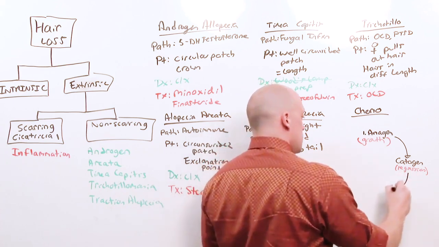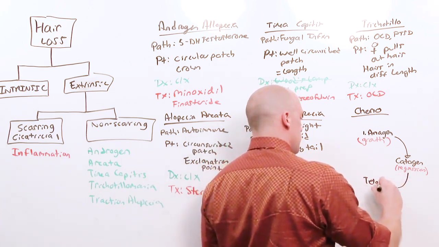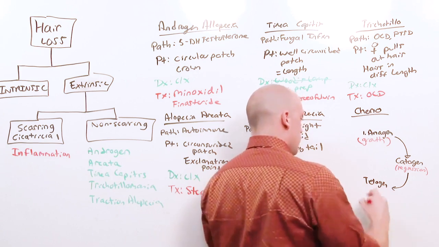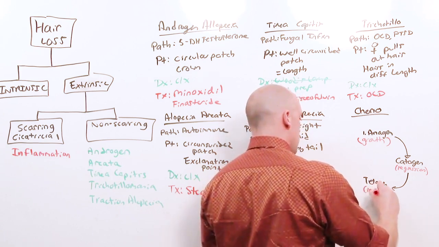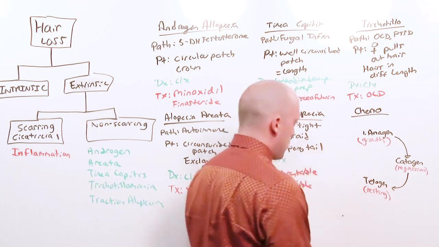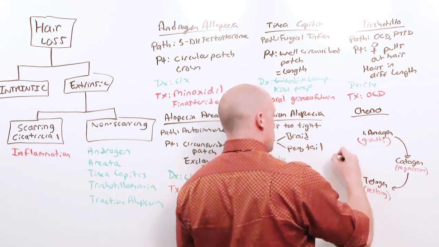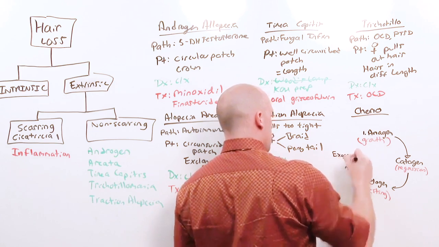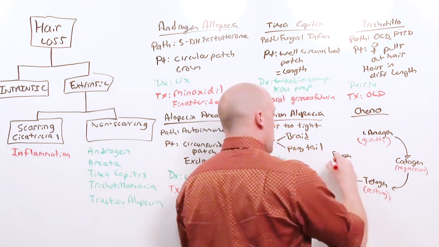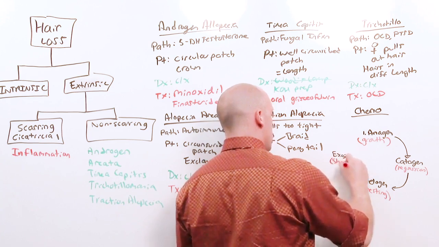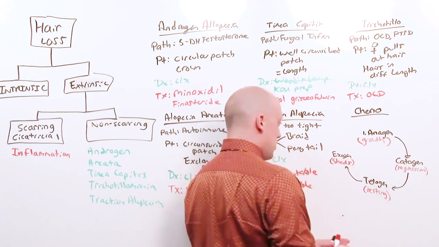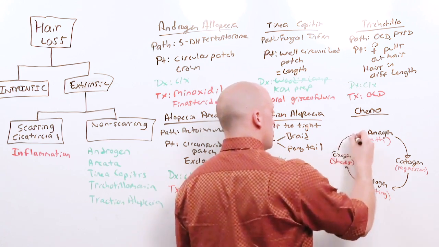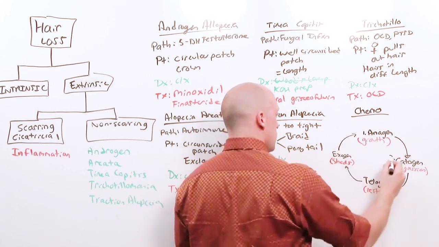After catagen is telogen. This is the resting phase. The hair is just out there. And then exogen, which is the shedding. And as the hair sheds, new hair follicles underneath have already begun anagen to resume the cycle anew.